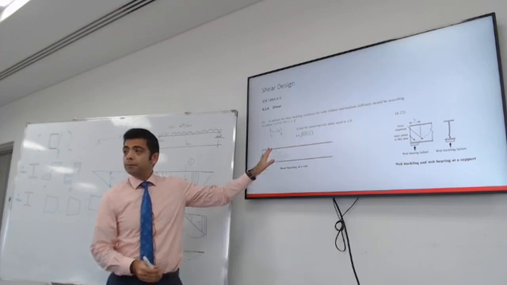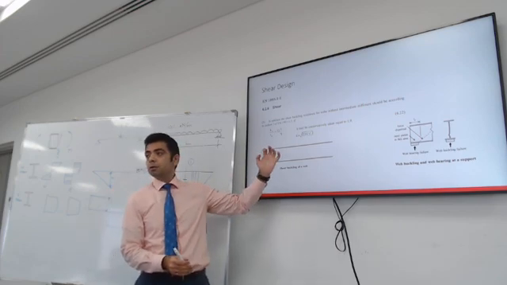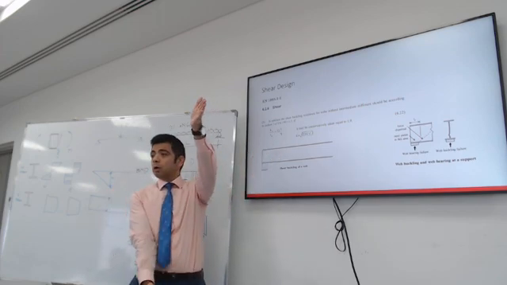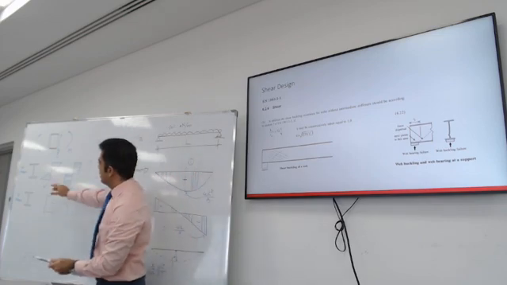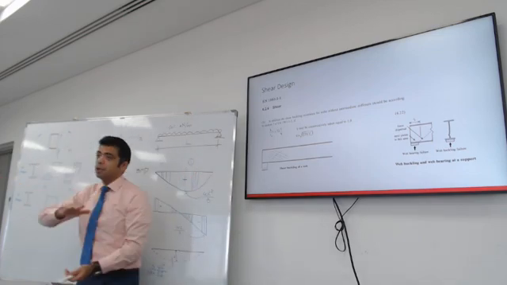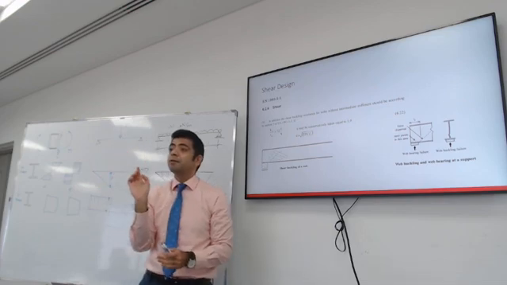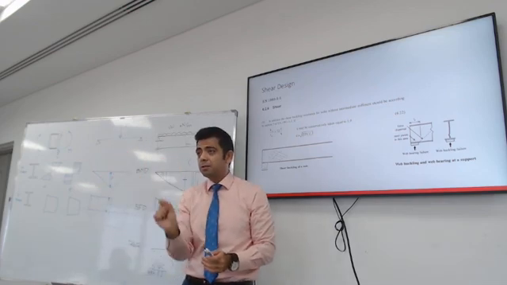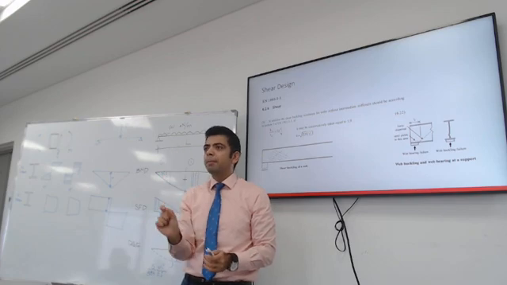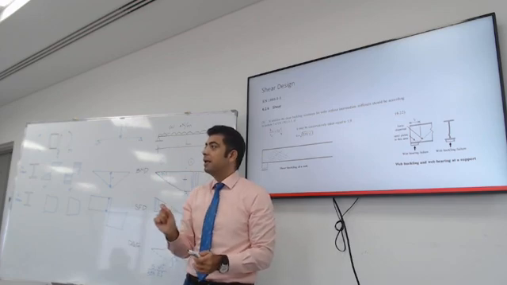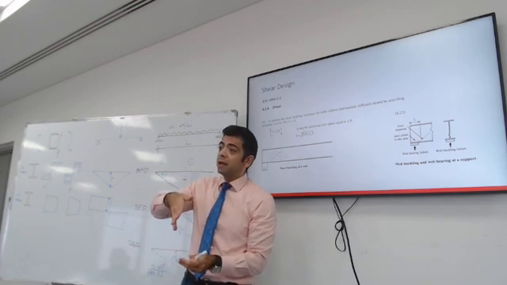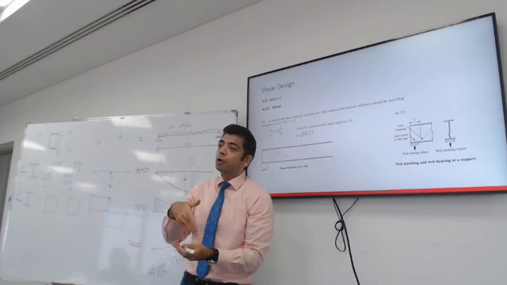The web of the beam could buckle if it's too slender. If the height of the beam is too big compared to the thickness of the web, the beam is going to buckle under shear load.